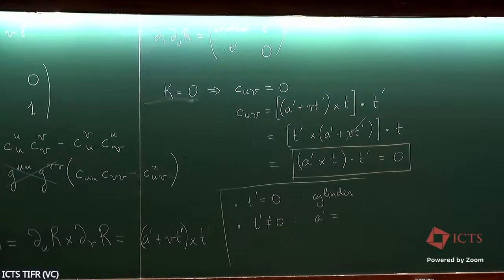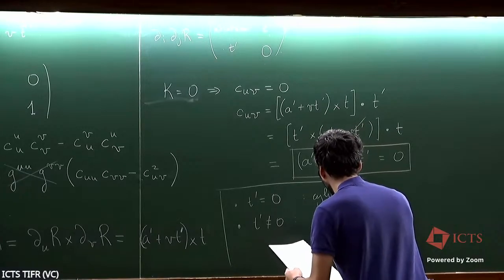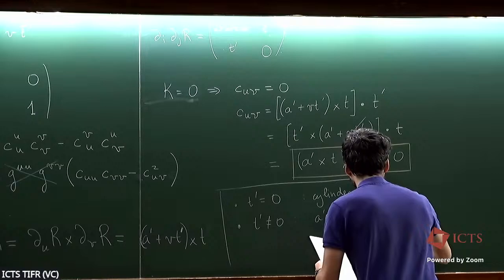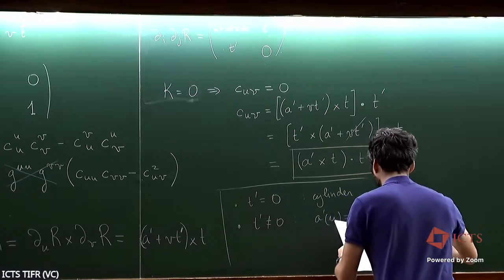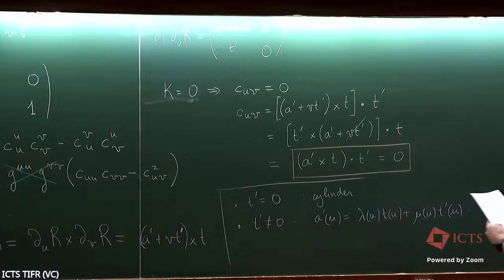Okay, they are coplanar. So this means that we can write a prime as a linear combination of t and t prime. So we can write a prime of u is equal to lambda of u t of u plus mu of u t prime of u.